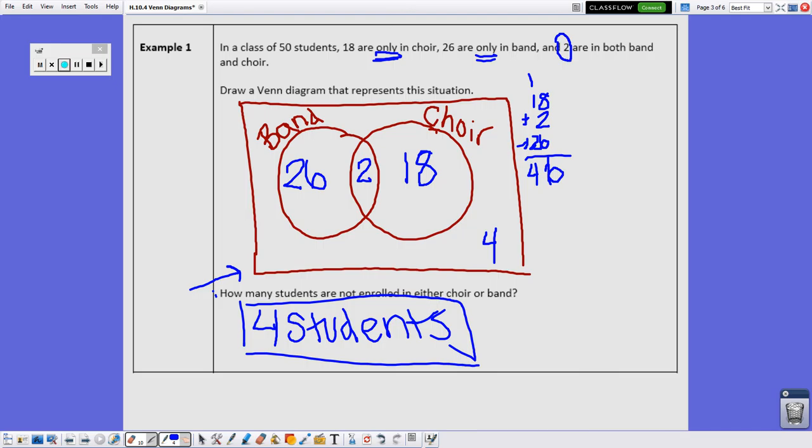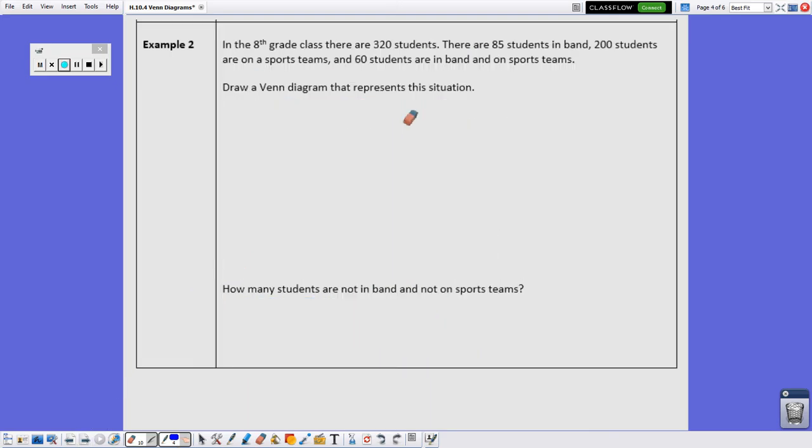Okay, so for our next Venn diagram, we're going to look at sports and band. So in 8th grade, there are 320 students. That's just about accurate here. There are 85 students in band, 200 students are on a sports team, and 60 are in both band and on a sports team.